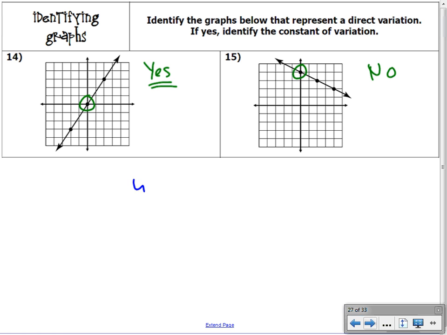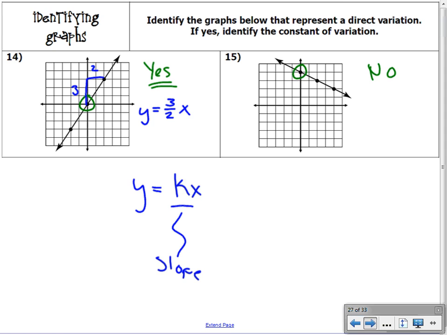For a direct variation, we know it's y equals kx, and k is really going to be the slope. So if I find the slope of this line, rise over run, 3/2, I can say yes, this is a direct variation, and more specifically, this is y equals 3/2 x.